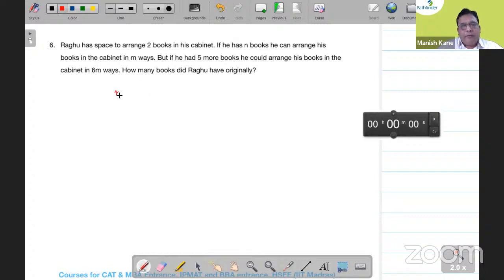So you have n books, and these n books can be arranged. Raghu has space to arrange 2 books in his cabinet, right? So out of n books, he could arrange only 2 books. So in how many ways can you arrange 2 books out of n books? nP2 ways. And nP2 is nothing but n into n minus 1.